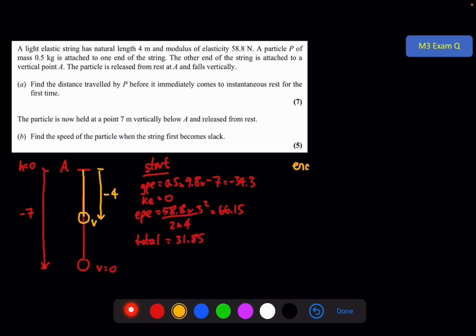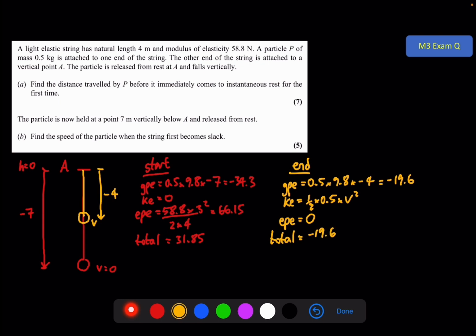At the end, we have gravitational potential energy, mass times 9.8 times minus 4, which is minus 19.6. Kinetic energy, a half times the mass times the speed squared. And the elastic potential energy when the string becomes slack is 0. Total here, minus 19.6 plus v squared over 4.